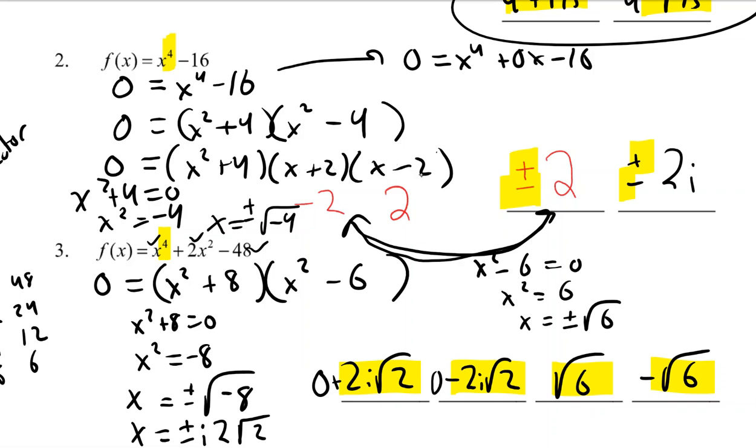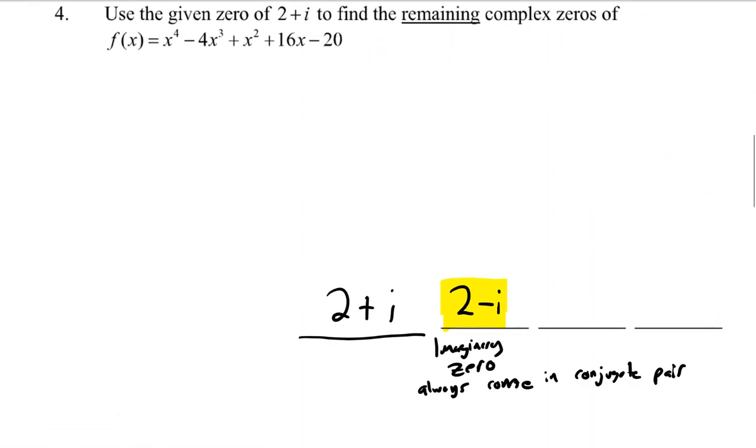Minus a negative becomes a plus. So let's do that for these two. If this is a zero, x minus all of this, distribute your minus, and x minus this, distribute your negative 2.